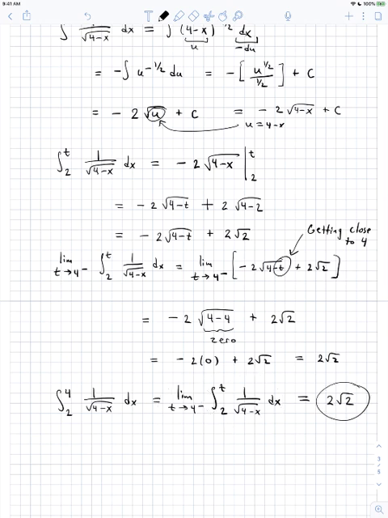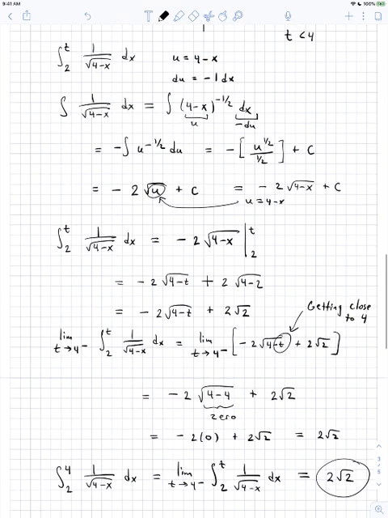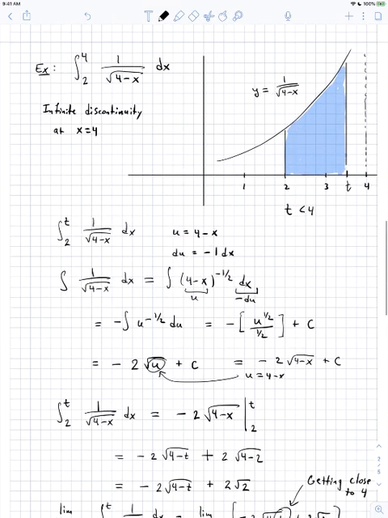So the area underneath the curve is 2 square roots of 2, which is a remarkable thing, because this region is unbounded as you move to the right. The curve is going off towards infinity. Despite that, you still get a finite area, because the gap is so small.